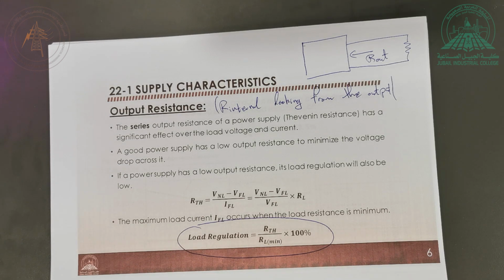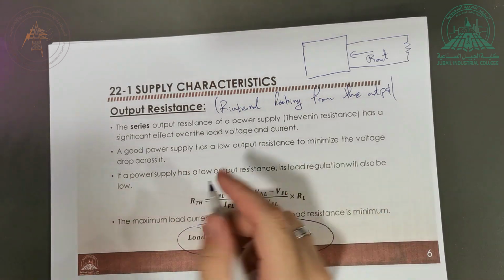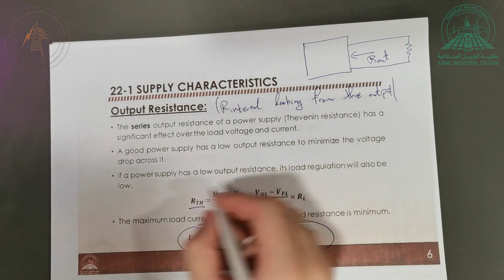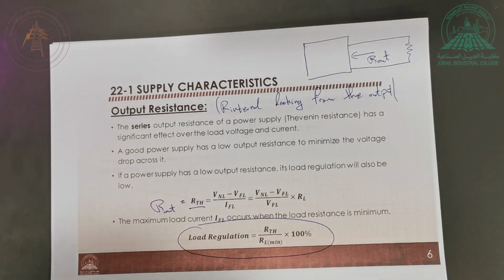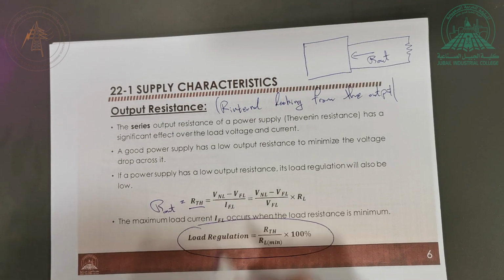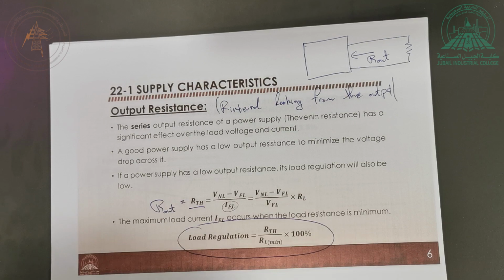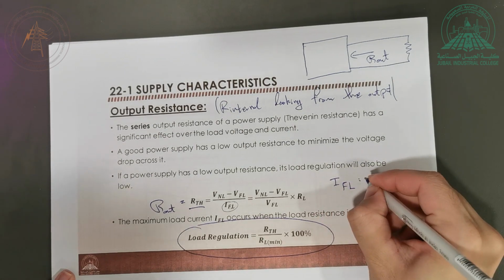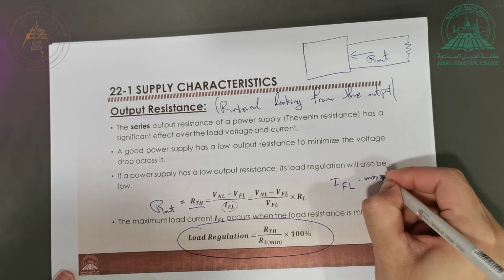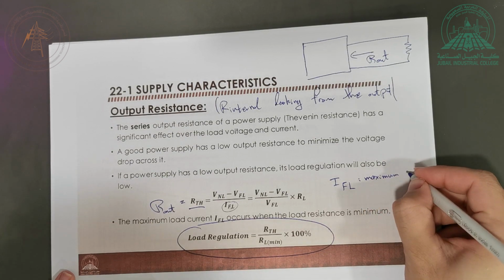Okay, so what is the output resistance? Here we are calling it R Thevenin. You can call it R Thevenin or you can call it R out. R out or R Thevenin is equal to what? You can use this equation. It's equal to VNL minus VFL divided by IFL. What is IFL? IFL is the maximum current that the power supply can deliver.